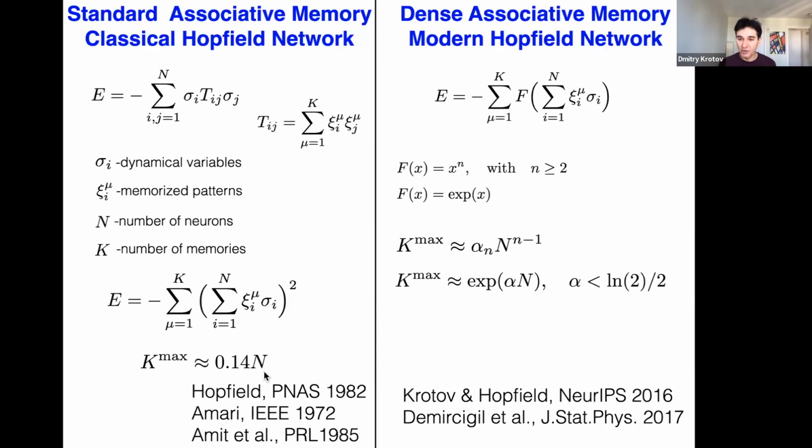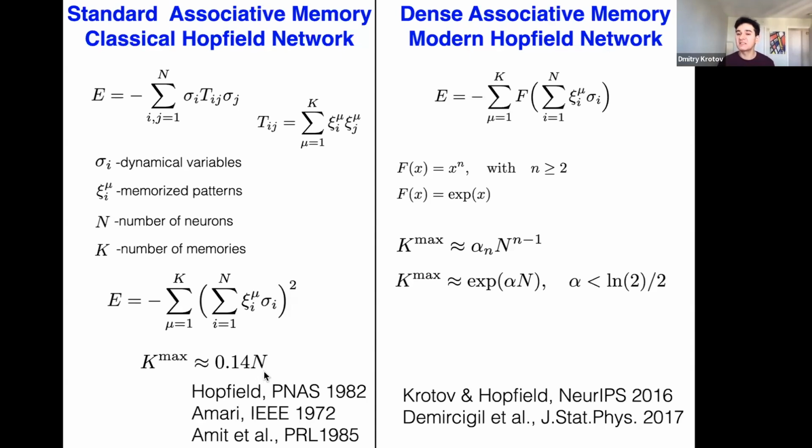So the bound 0.14N is derived under very severe and strict assumptions that the memories are binary and random, and they are drawn from a certain kind of distribution where each element xi^mu_i is equal to +1 or -1 with equal probability.